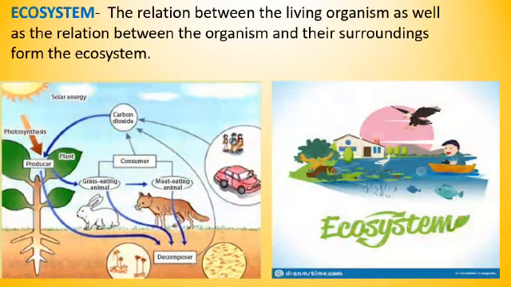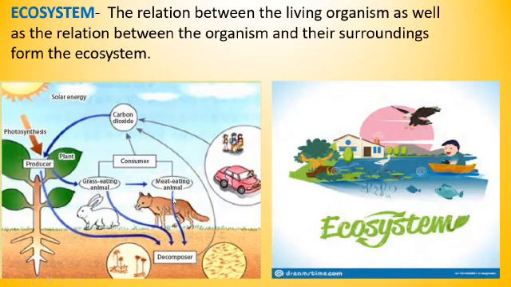The next part of your chapter is the ecosystem. The relation between living organisms, as well as the relation between organisms and their surroundings, forms an ecosystem. Like we are dependent on the plants, and plants are dependent on us. We are dependent on each other because plants convert carbon dioxide into oxygen, and we human beings, animals, and living beings need oxygen. So we are interdependent.